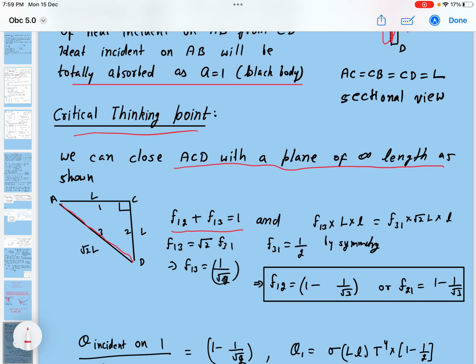Now F13 into A1, that is the view factor of 1 on 3 multiplied by the area of plate 1. The plane length, let's say, is small l.